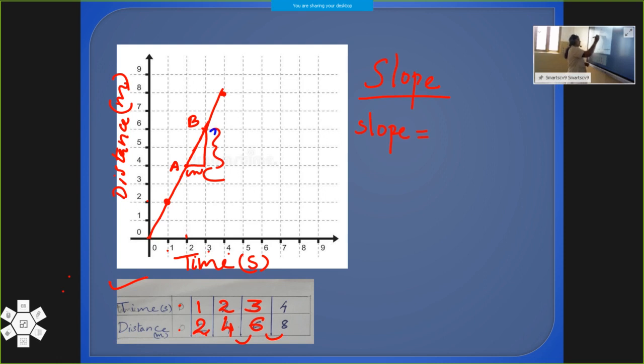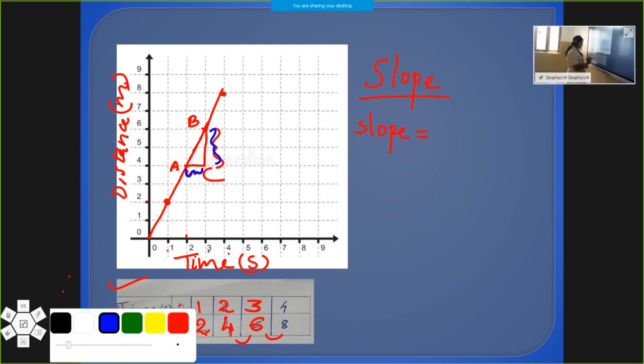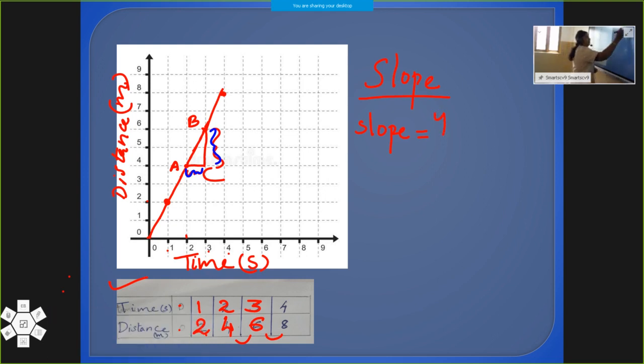So y by x gives the slope. What is in the y-axis here? Distance. And what is in the x-axis? Time. So y is distance by x is time. So what is distance by time? Speed.